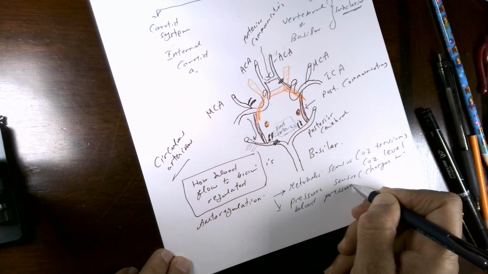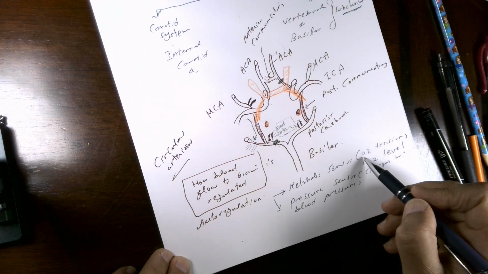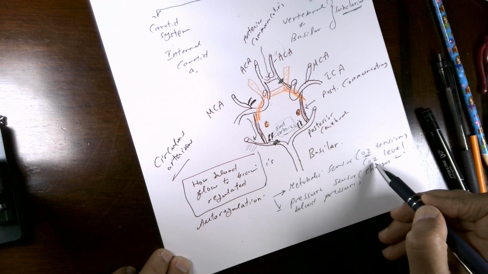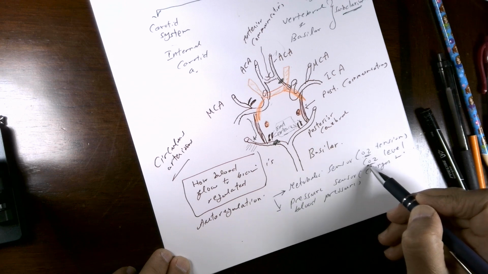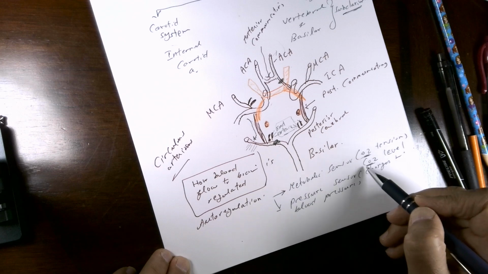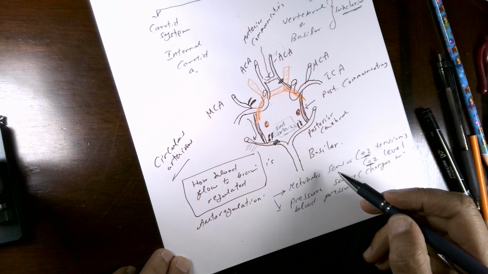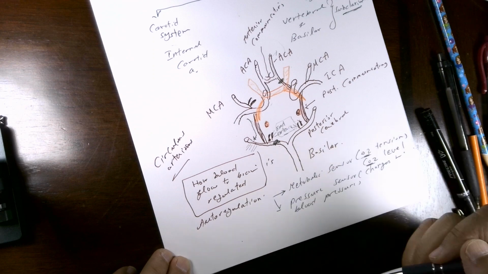What does this mean? It means that if there is a decrease in the level of oxygen or an increase in the level of CO2, this leads to vasodilation of the blood vessels to allow more blood reaching the brain tissue.